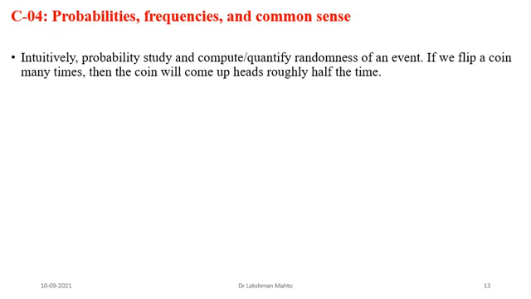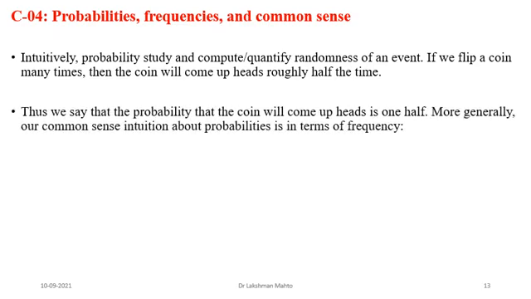This is talking about the law of large numbers. If you flip a coin many times, then based on the law of large numbers, roughly a 50% chance is there that heads will come and a 50% chance that tails will come. Thus we say that the probability that the coin will come up heads is one half, that means 0.5.